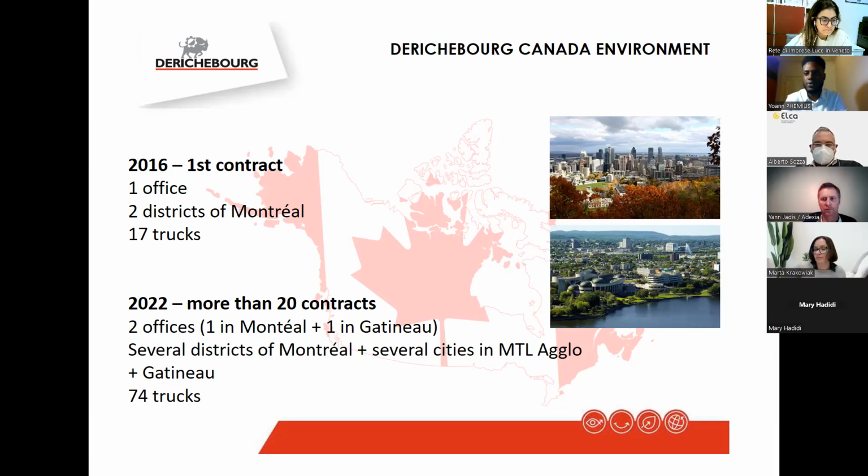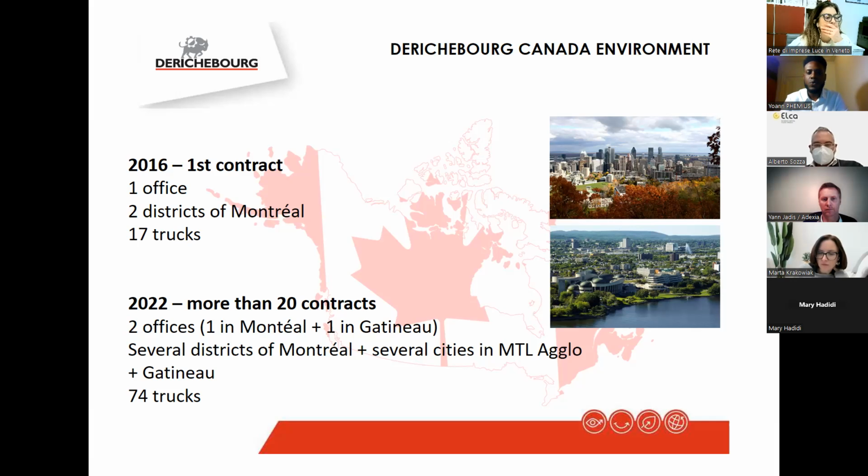We had to rent an office, rent a warehouse, and buy equipment, basically trucks mainly. It lasted, I would say, 1 year, more or less, between the time we won the contract and when we started the operation.